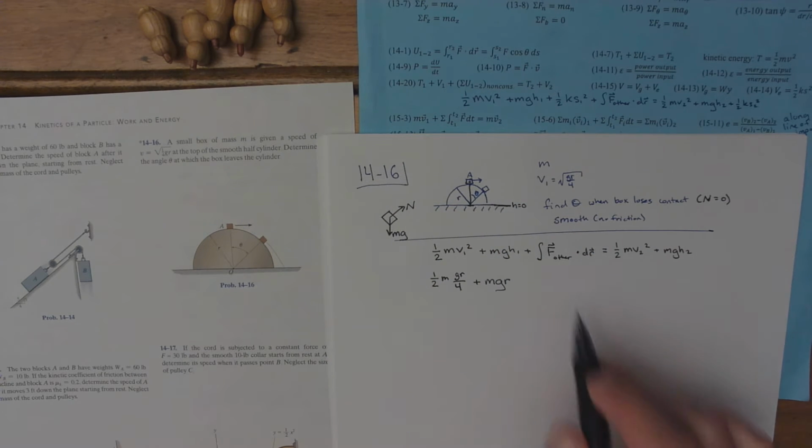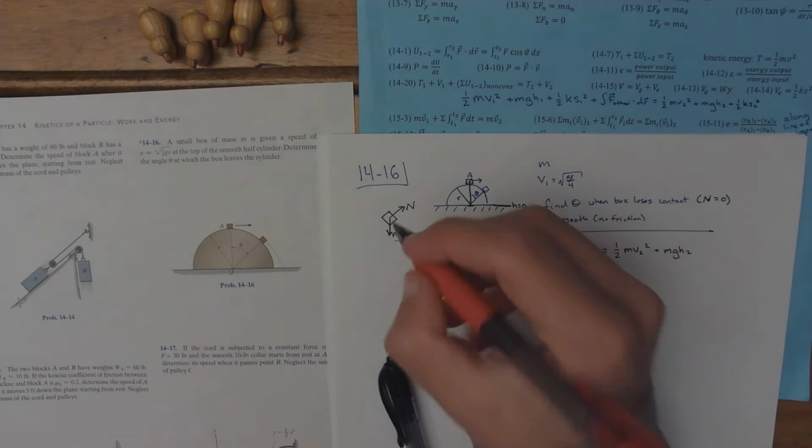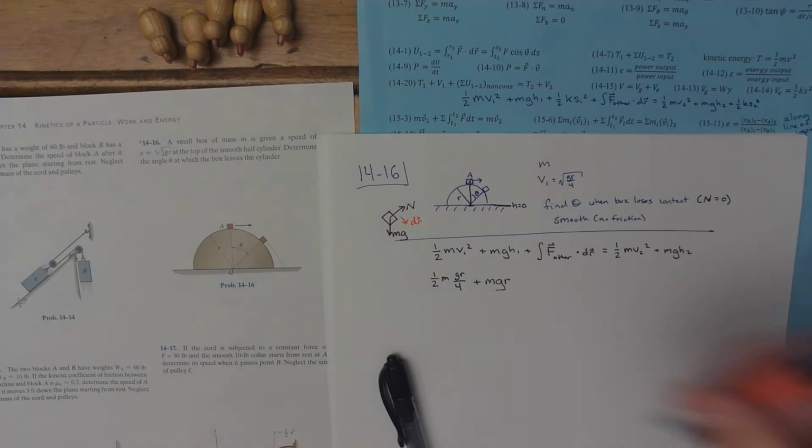However, I have a dot product here. That normal force is perpendicular to the surface of contact. But if the box is sliding on the surface, it's going to be moving parallel to the surface of contact. So dr is perpendicular to the normal force.